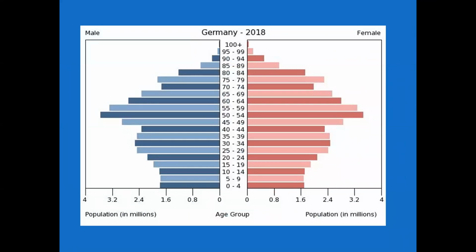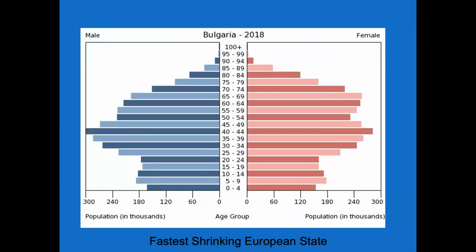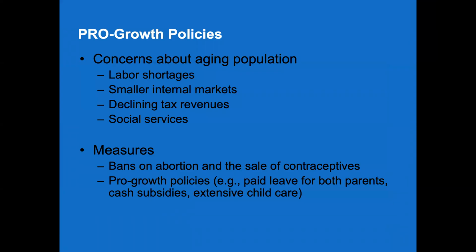Here's Germany. Notice how the population has been pared down over time. Italy, Bulgaria. So there are pro-growth policies ongoing in a place like Europe. The idea of labor shortages and the idea of declining tax revenues is a significant factor, quite frankly.